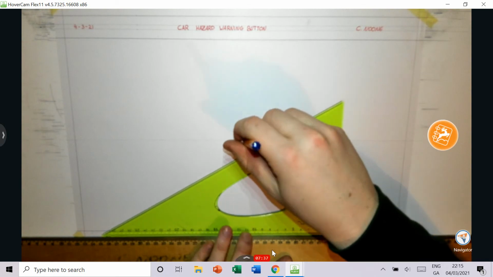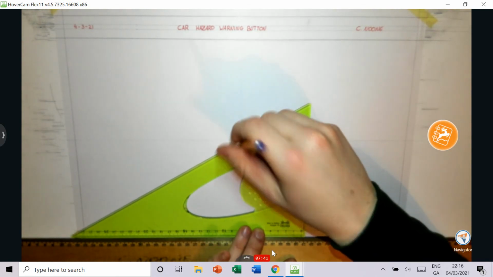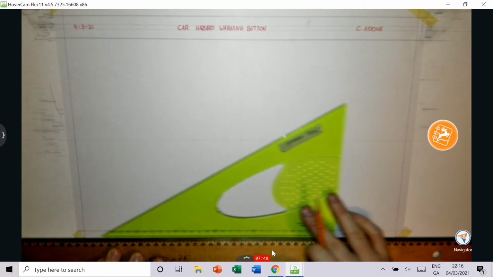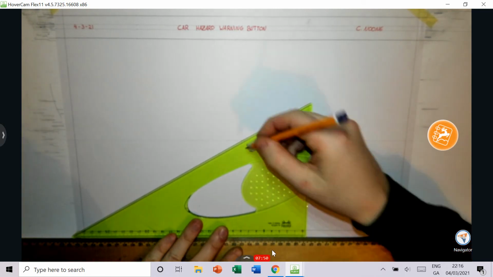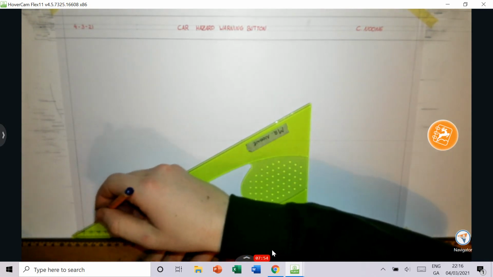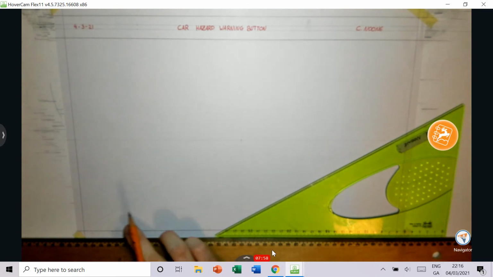I'm just putting my pencil on that center point and moving my set square over to it, and there it is. Making sure that my t-square is nice and tight to the table, that the set square is on it, and that I'm lining it up with this point here, what I can do then is just draw a construction line like so.